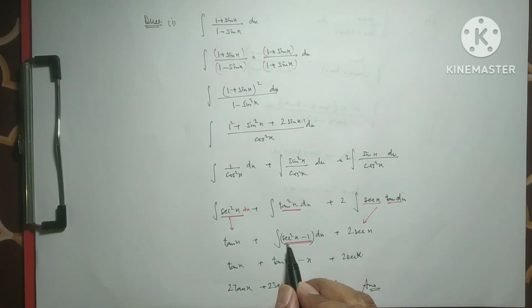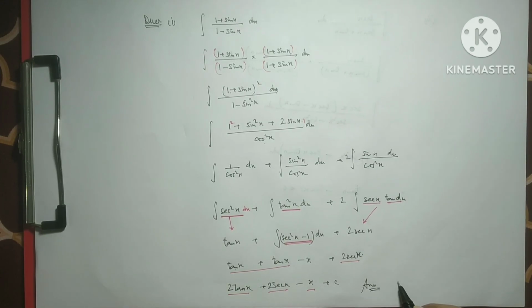So the integration of sec square x is tan x, and the integration of 1 is x. Right now this becomes tan x plus tan x is 2 tan x, and this is 2 sec x, and this is minus x. So this is our answer.